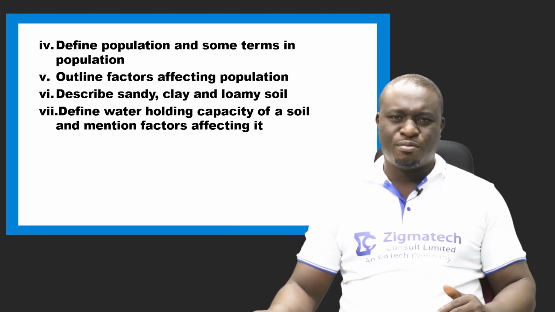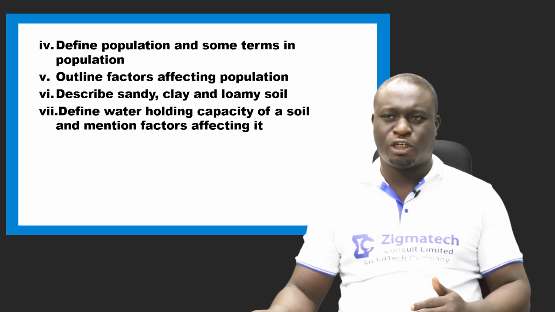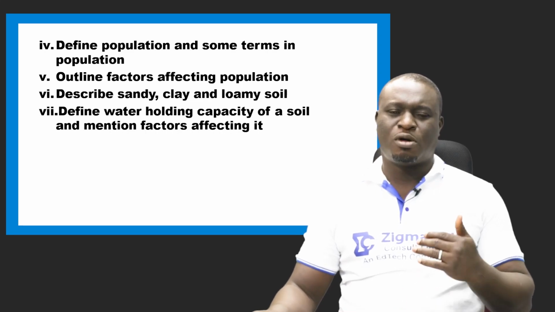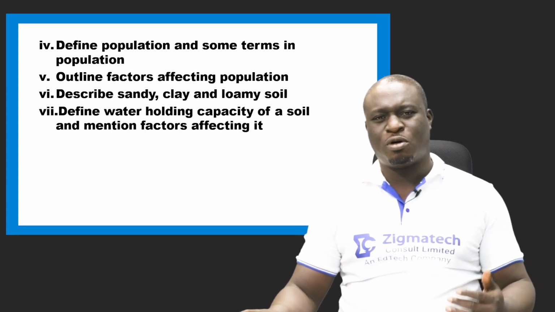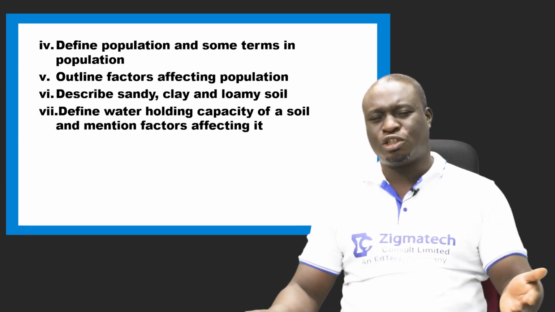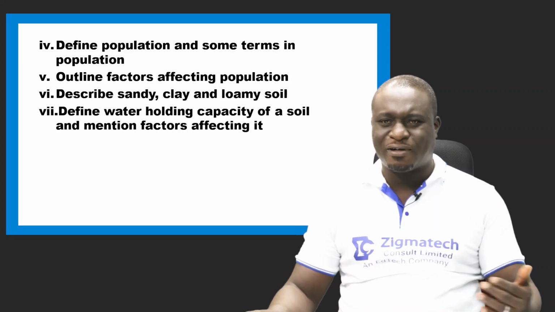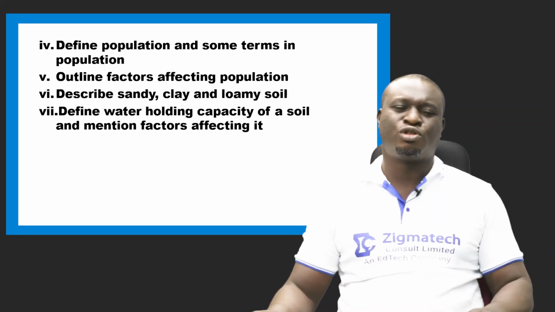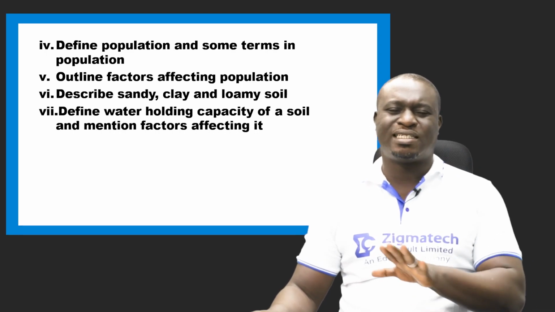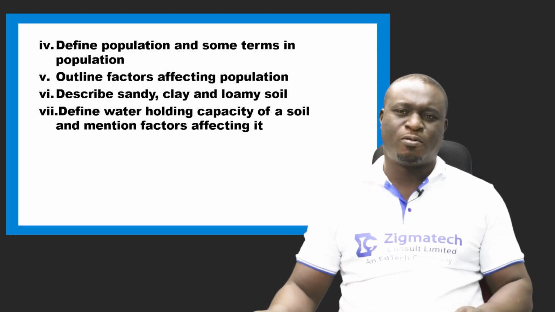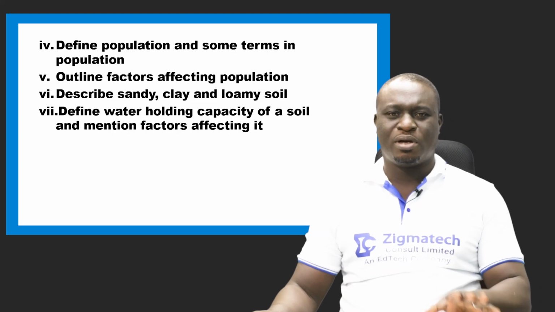You should also be able to define what population is, and also some of the terms like population density, population size, population dominance. You should be able to define these terms used in population, and you should also be able to outline certain factors that affect population in a given area.